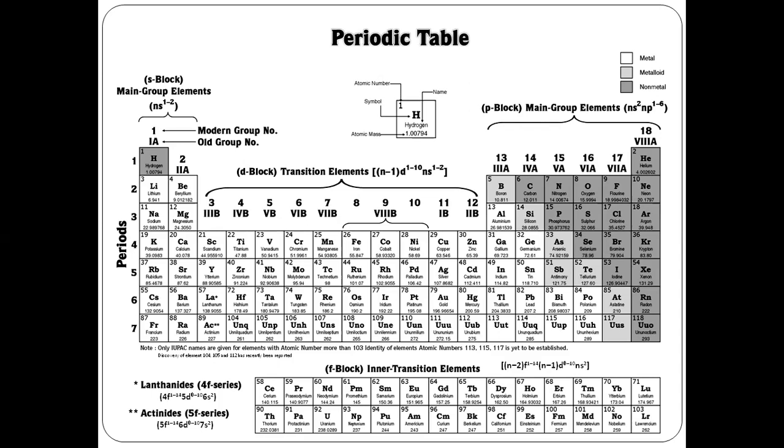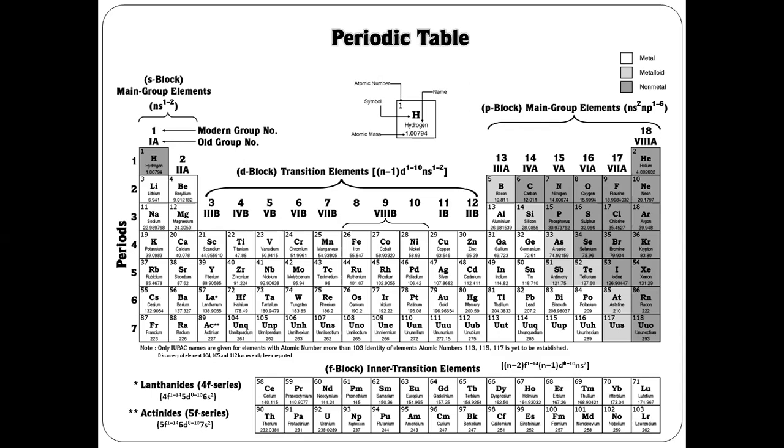This periodic table is based on the electronic configuration of elements. If you see any group in this periodic table, you will find that the elements in the group, when compared with each other, always have the same outer electronic configuration, which decides the valency of a particular element.